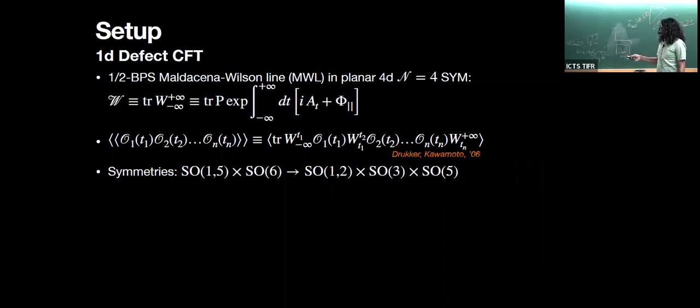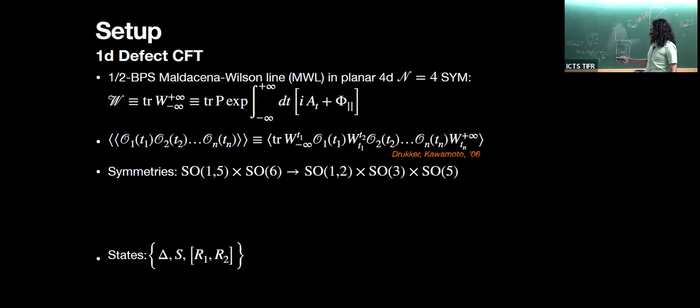Because the symmetries are broken in this way, states in the defect CFT are labeled by the following quantum numbers: delta, associated with SO(1,2); s, associated with SO(3); and R1 and R2, Dynkin labels associated with SO(5).